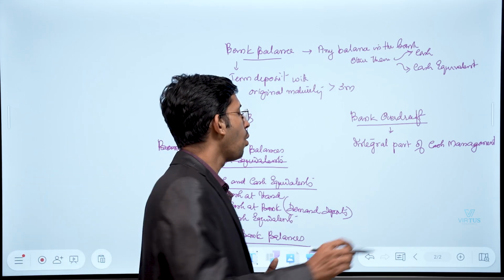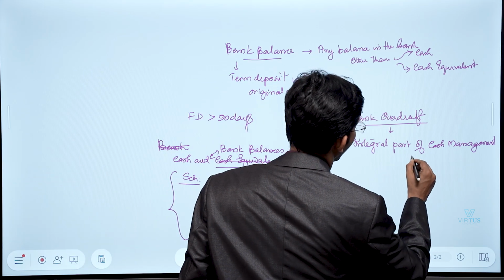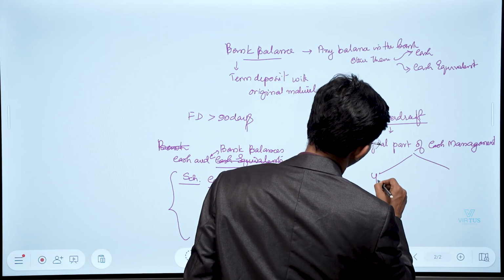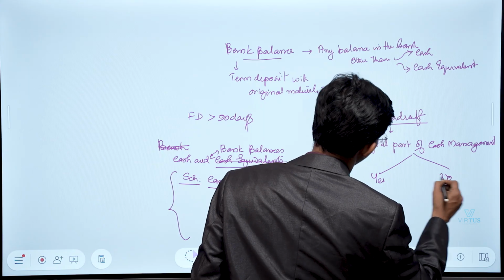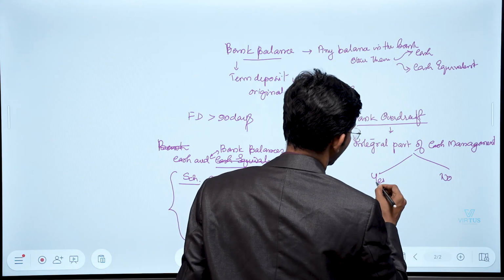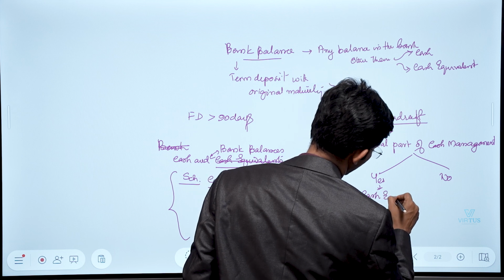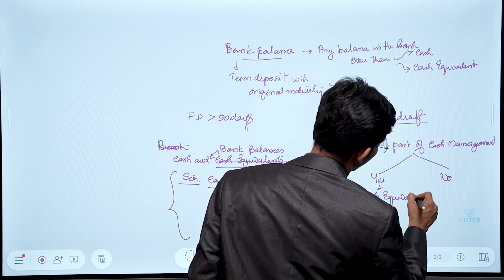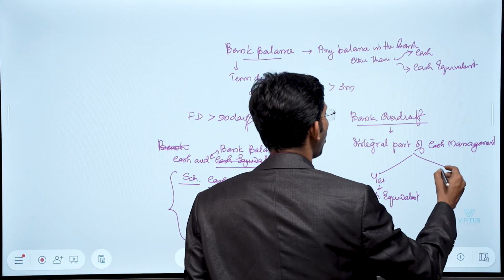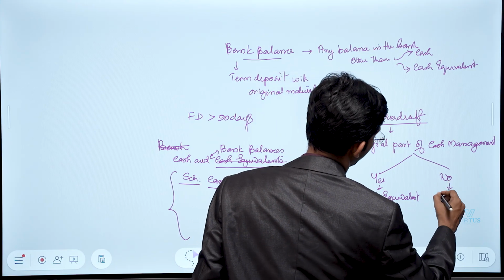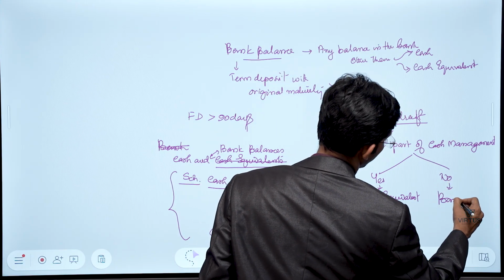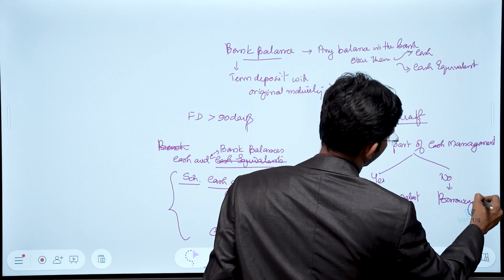So if the bank OD is an integral part of cash management, the answer is yes. If it is, then it has to be considered as cash equivalent, so effectively you will reduce it from the cash equivalent. But if it is not an integral part of cash management, it will be taken as borrowing. You can't classify it under this one.